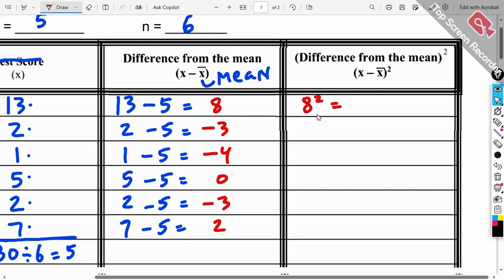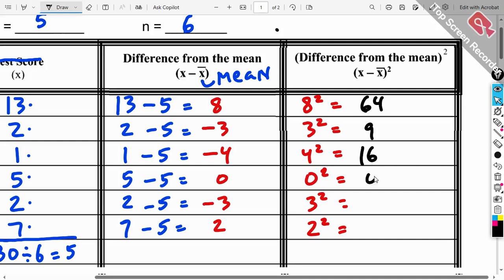We're going to do 8 squared, 3 squared, 4 squared, 0 squared, 3 squared, and 2 squared.